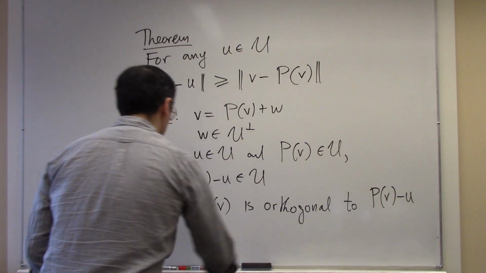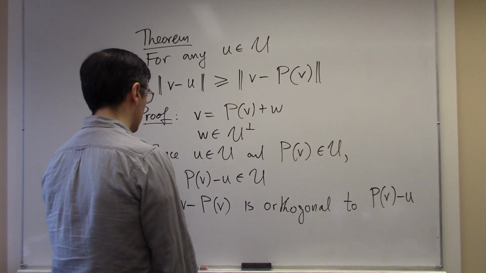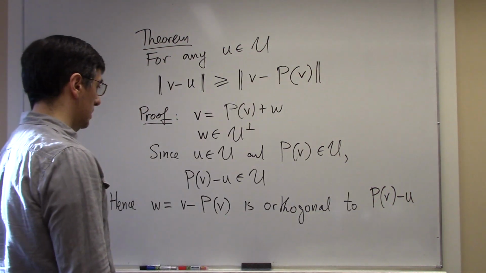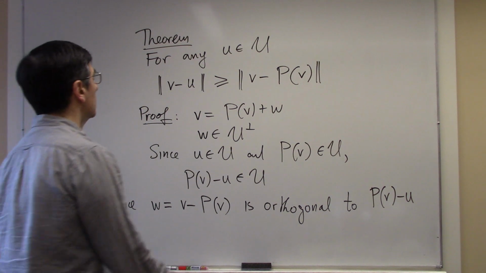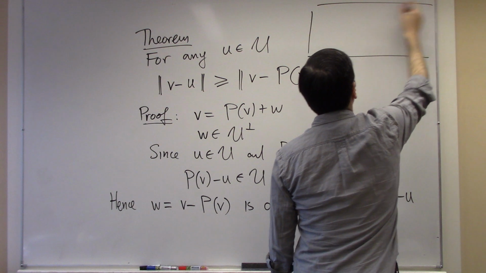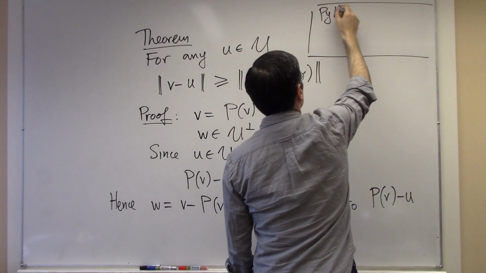Alright? So now if you have two vectors that are orthogonal to each other, this is a reminder of the Pythagorean theorem.